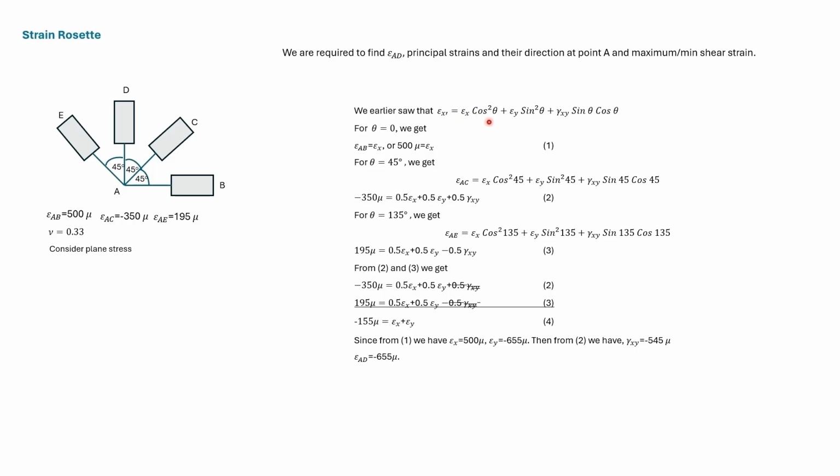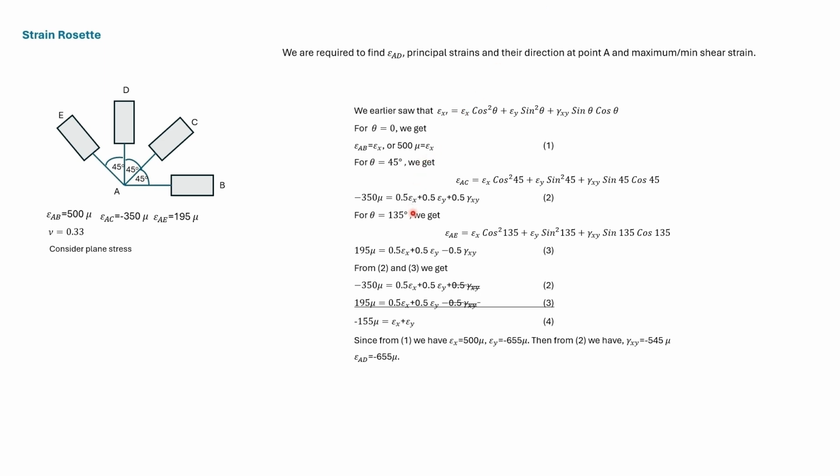Also with this equation, substituting theta equal to 135, epsilon x dash becomes epsilon AE. With the values in place, we get this third equation. From the simultaneous equations 2 and 3, we get equation 4. Now we have already found out epsilon x, so we get epsilon y.